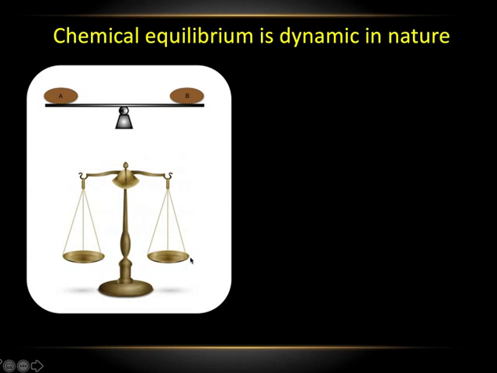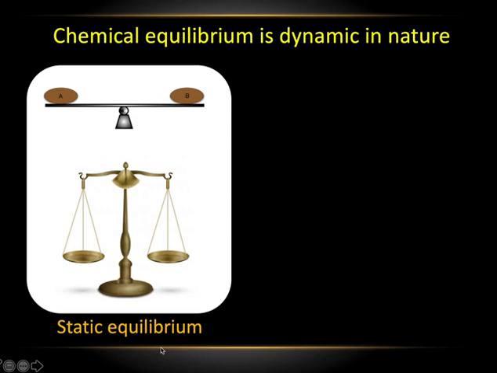Now if we take this balance and keep it undisturbed, nothing will happen to it. The pans will stay where they are because there is no change happening. They appear to be stationary, and they are stationary. The same is true over here also. They will appear to be stationary since they are stationary, because there is nothing happening. And these are examples of static equilibrium.